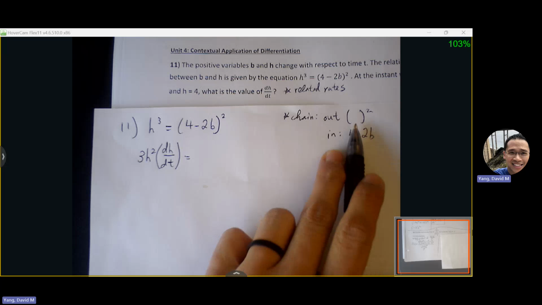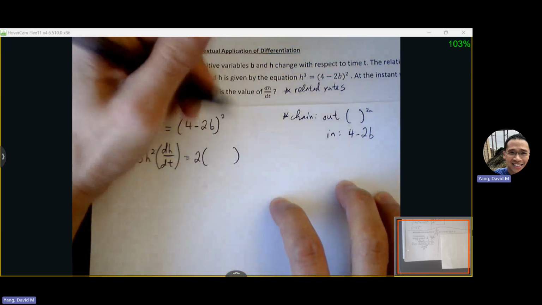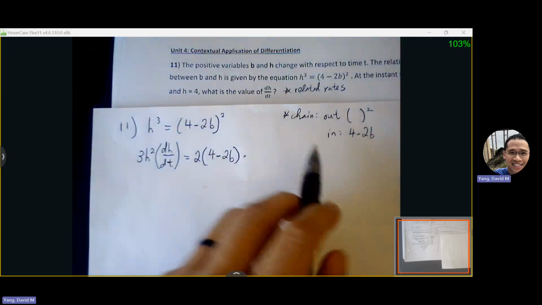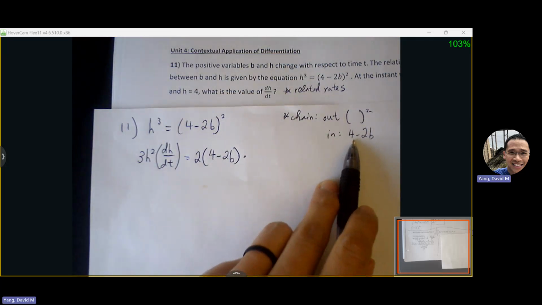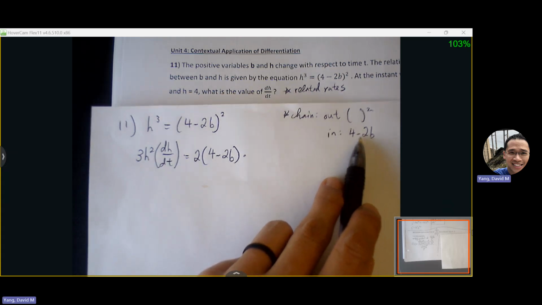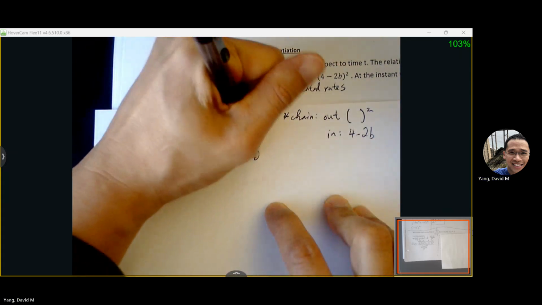Okay, so we take turns with each derivative. The parentheses squared becomes 2 parentheses to the first power times inside's derivative. 4 goes away. Negative 2b becomes what? Negative 2. Now we're still doing related rates here. So negative 2 what? dB dt.